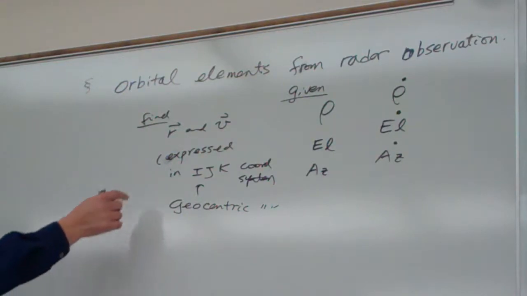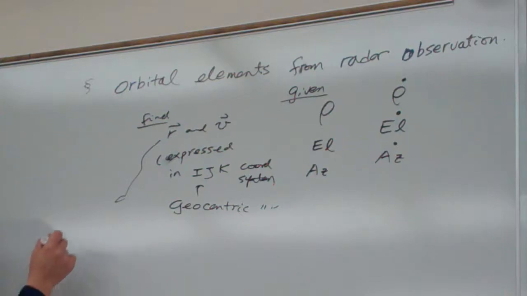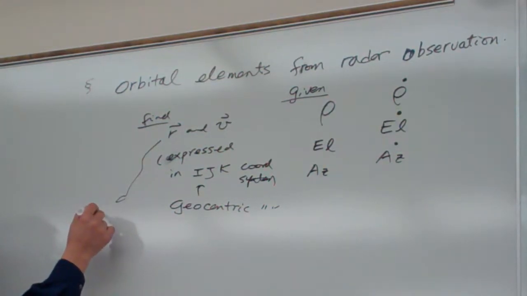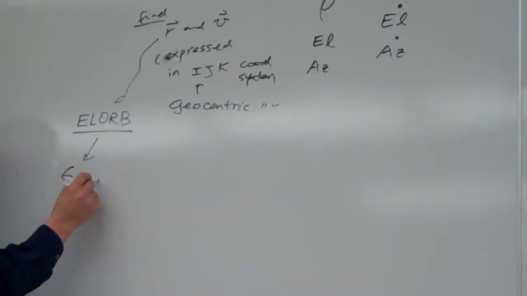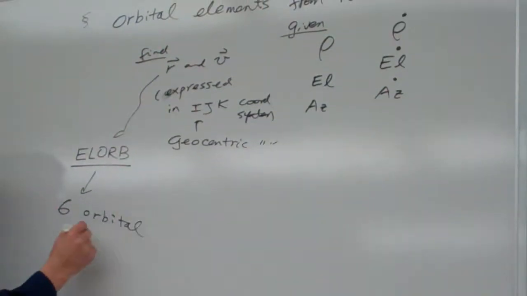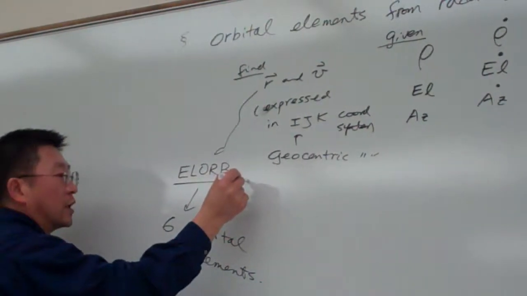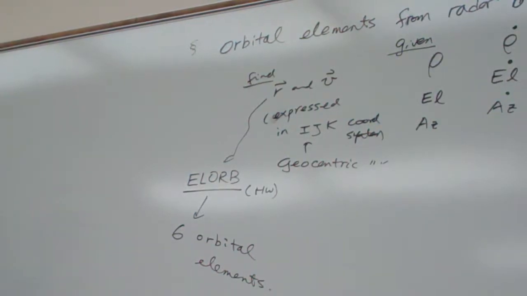So once we have R and V, then in your homework this time, using the element functions, such as EL or RB, we can calculate all these 6 orbital elements. This time is our homework, right? So that is the thinking process.